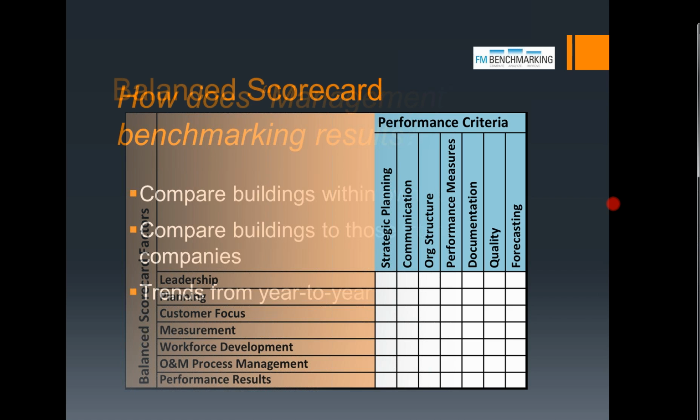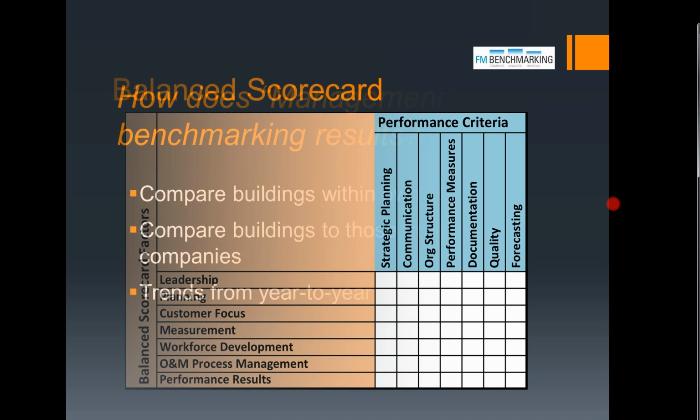They just want to see that, hey, here's a building that's underperforming. Let's have the facility manager there look into it. Or comparing their buildings of their own company to those from other companies. That's another thing management likes to do. They like to see dashboards to show all this. And they like to look at trends from year to year. So how are we doing this year compared to last year and the year before?